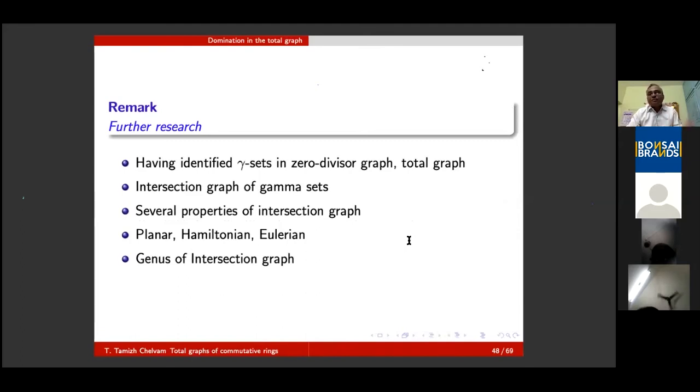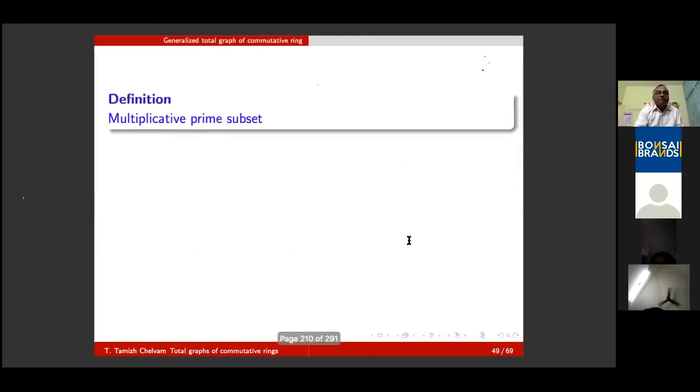They have been published as two papers, each about 30 pages, both of which appeared in Journal of Algebra and Applications in the same volume. So it is also a worthwhile contribution for the total graph. Of course, there are several other studies. I cannot list out everything. It's not an exhaustive list of the studies made on total graphs.